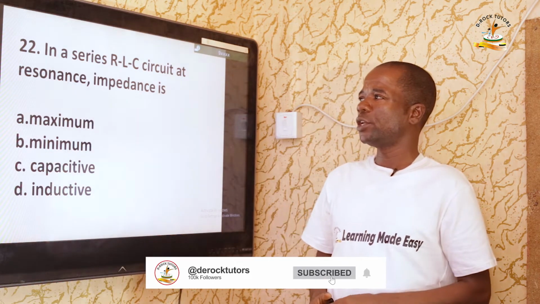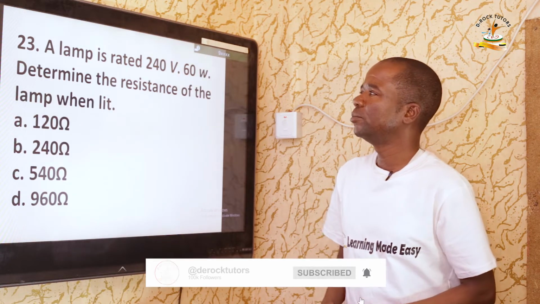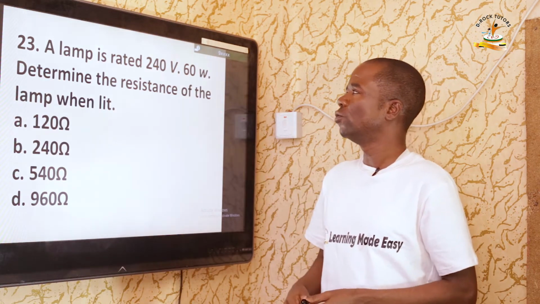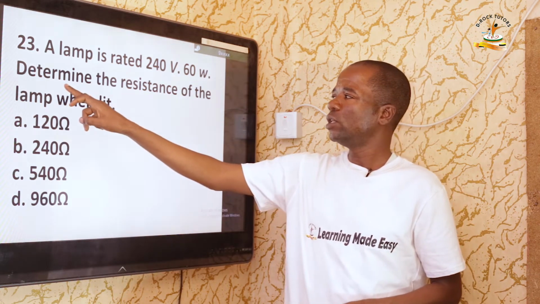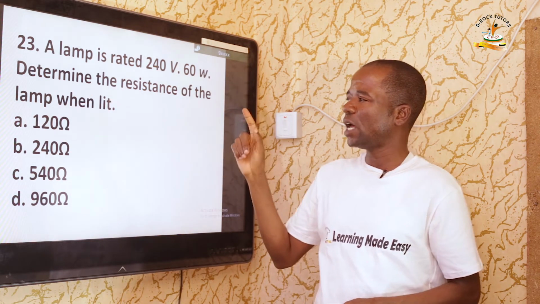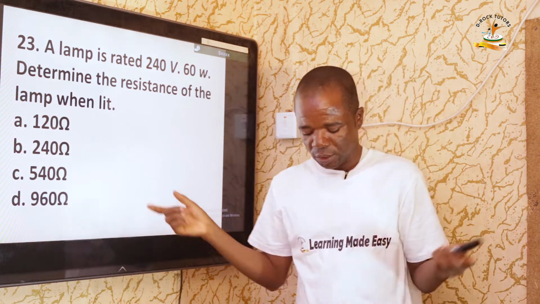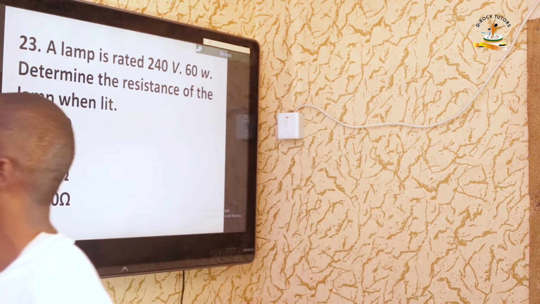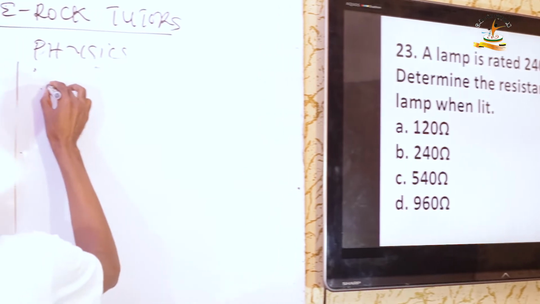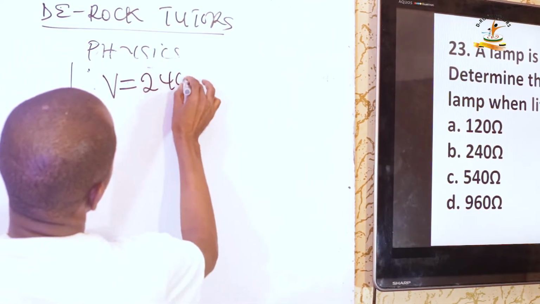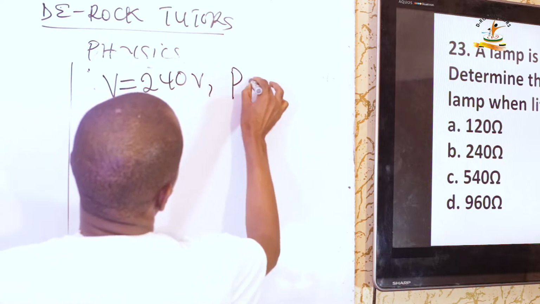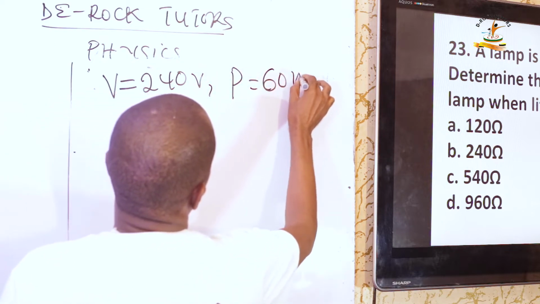Let's go to number 23. A lamp is rated 240 volts and 60 watts. We are to determine the resistance of the lamp when lit. So let's look at the board. The voltage is 240 V and the power is 60 watts.